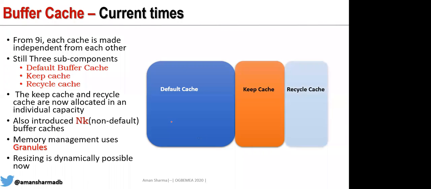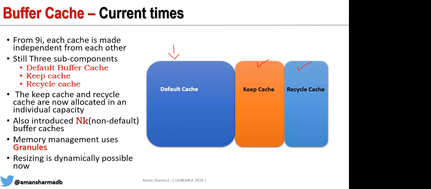This did get changed, and you now have the entire cache maintained as a dynamic cache. So now each of the caches is a separate structure altogether. You have a default cache which is still there, but it does not give the memory to the keep or to the recycle. They are created as separate caches in their own entirety.